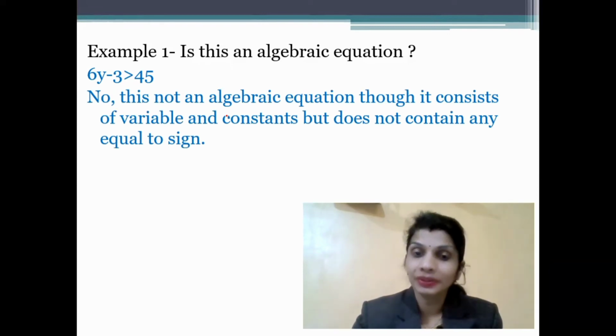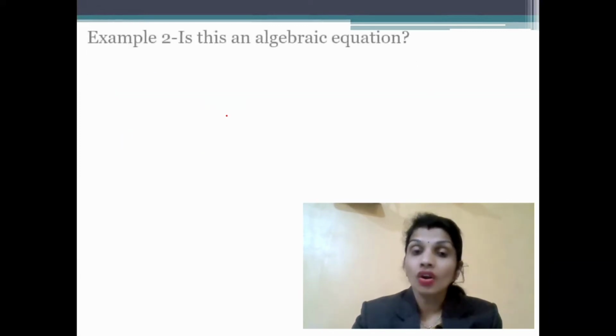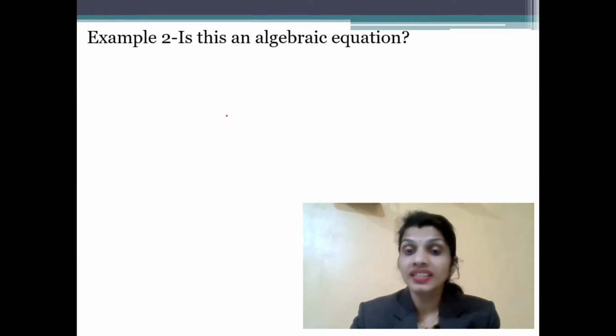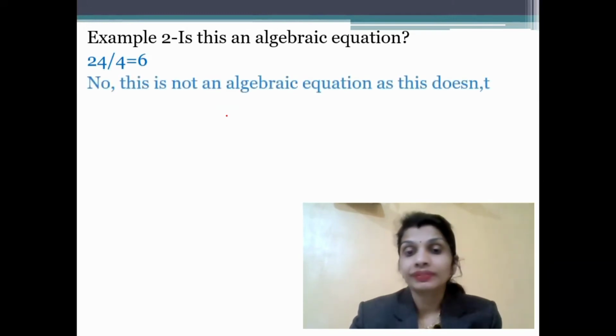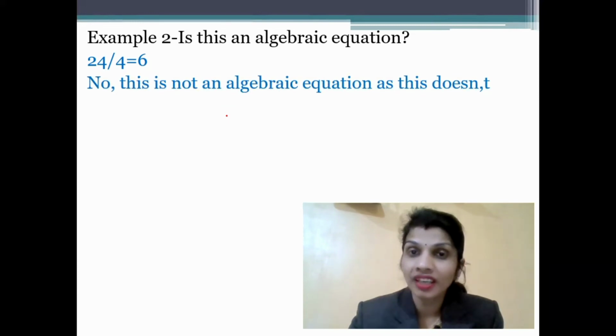Good. Now, example 2. Again see, and we will tell whether it is an algebraic equation or not. 24 divided by 4 equal to 6. No, this is also not an algebraic equation. Why? As this doesn't contain a variable.